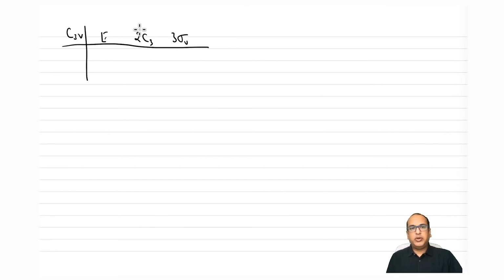Okay. So C3v point group, the group elements or the operations are E, 2C3, 3 sigma v. Now you notice one thing here, that I have clubbed C3 and C3 square into one class, and then I have written 2 in front, because there are 2 elements in that particular class, so I've written 2 over here, right?